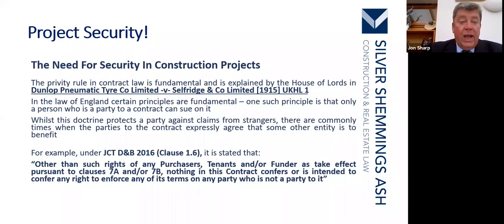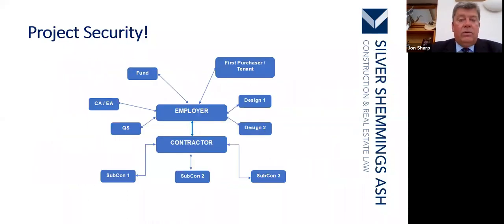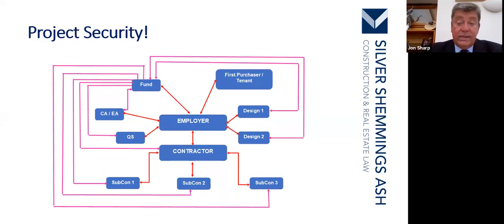Now, normally in most contracts, there's only two parties to a contract, possibly three, possibly four. But JCT and building contracts generally are slightly different because there's multiple parties involved. So everybody in this slide could potentially have a right of action against everybody else because they will have been given some rights under JCT contracts. Same here.